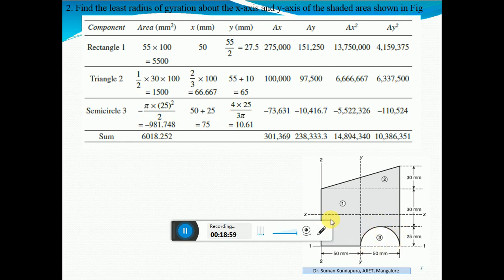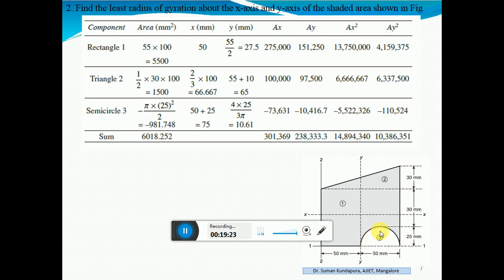So first let us go to this rectangle whose area is 55 into 100, 5500. Area of the triangle, half into base 100 into 30, 1500. Semicircle is pi r squared by 2, pi into 25 squared by 2.